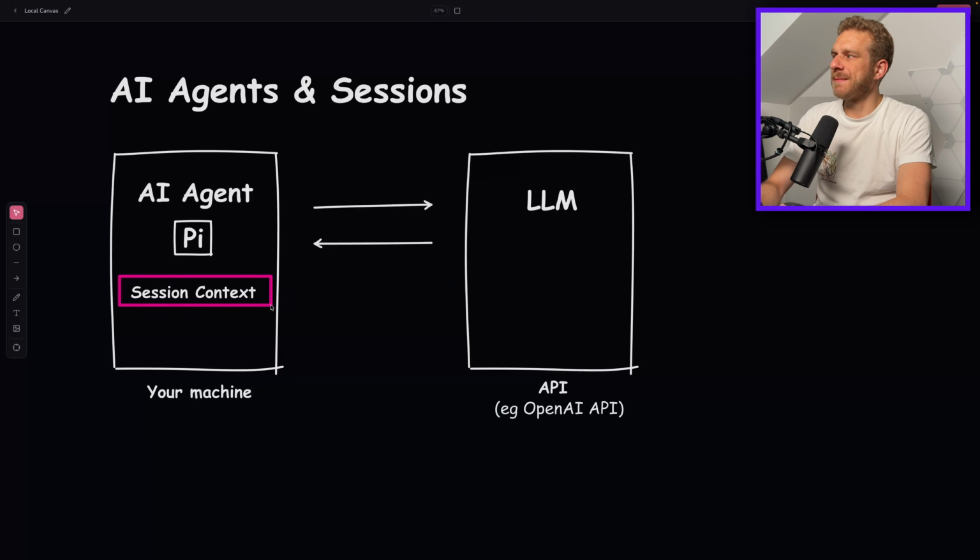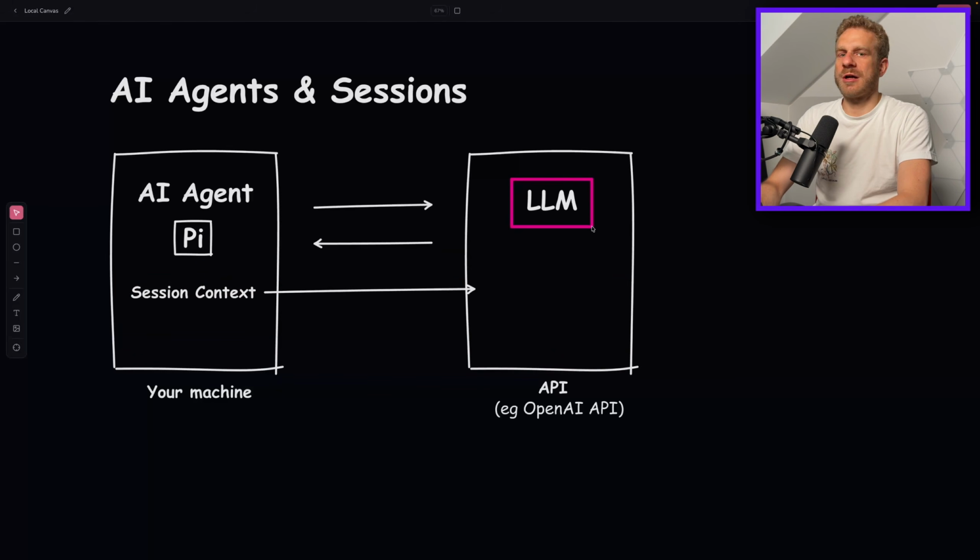So you need to keep track of all the things that happened, and that context here must be sent to the large language model, because on its own, by default, every new request this large language model receives is just one request, some text input where it can produce some text output.